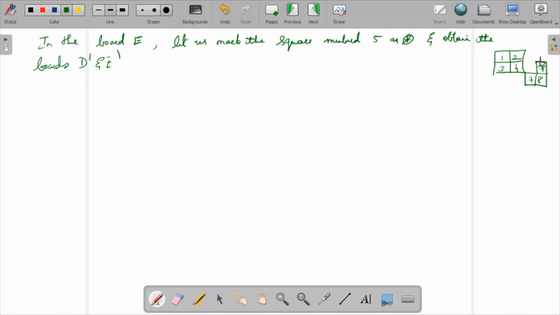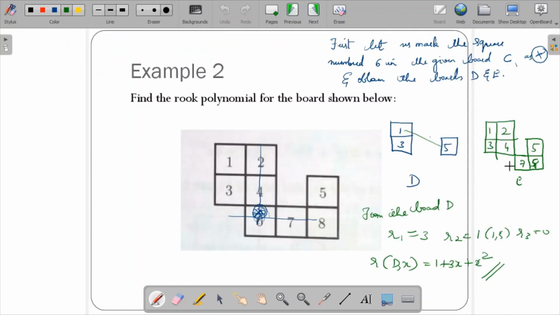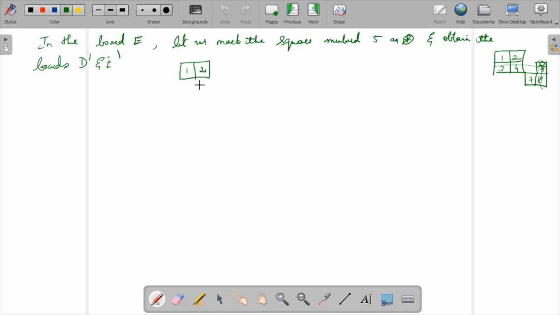So when you mark 5 as star, this will be deleted and this will be deleted, that is D dash. So that would be 1 2. Because already for the previous expansion we are applying again the expansion, so let us take this as D dash. So 1 2, and there is one column gap, and then you have 7, so that is D dash.